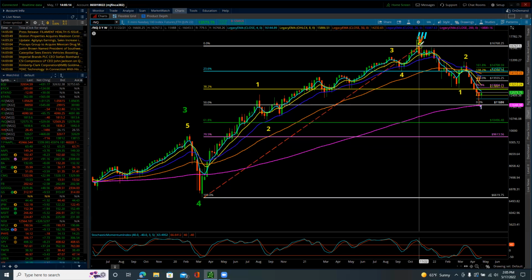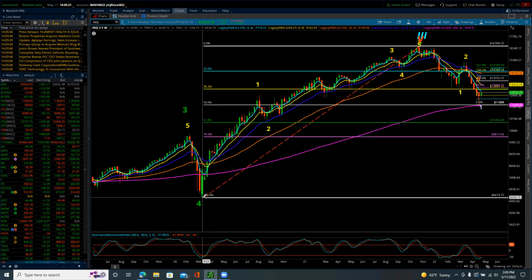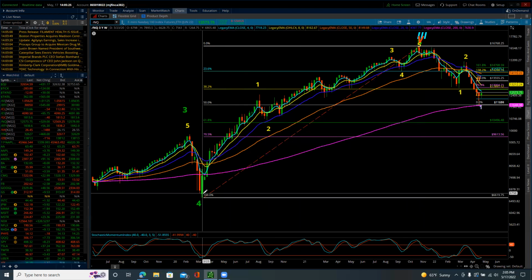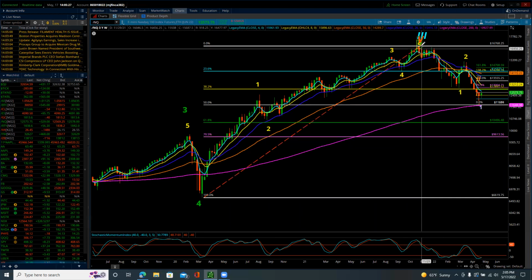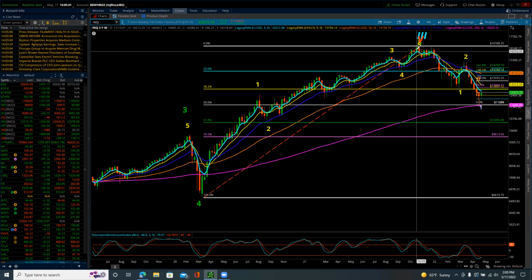So right now, the intermediate degree level only really goes back to here. The primary degree level goes back to here. So we're putting in the correction for two, because it is a primary fifth wave comprised of 5 waves of intermediate degree. So we are correcting from that level to this level. That's as far as I'm getting within this larger correction.